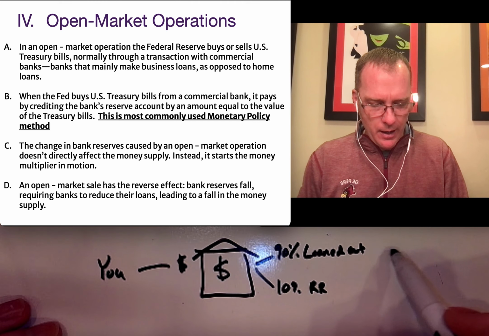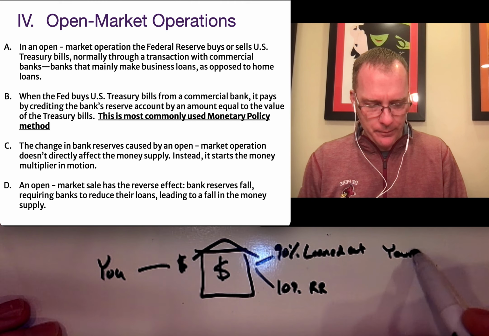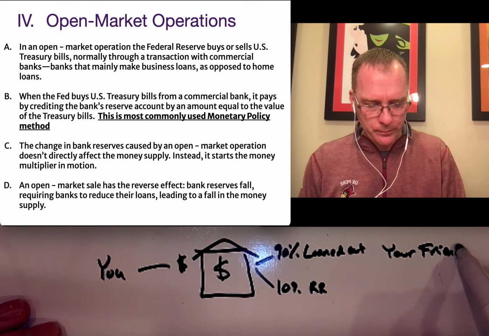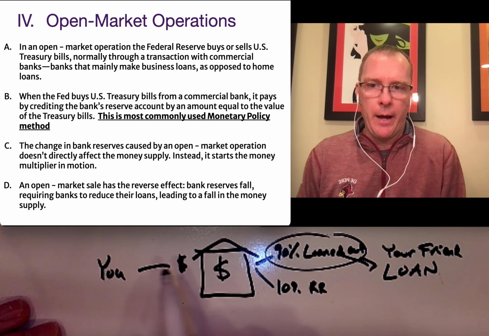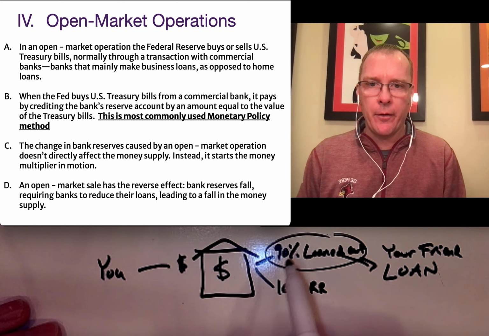Let's say your friend wants to borrow and is getting a loan. So they're getting this 90% loan in here. This is basically what happens. You put in your $100, they're going to loan out like 90 of it. Your friend gets a loan for $90, and then this is the process that happens. They go out and buy something, etc.